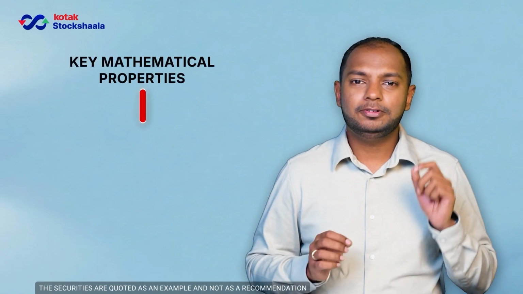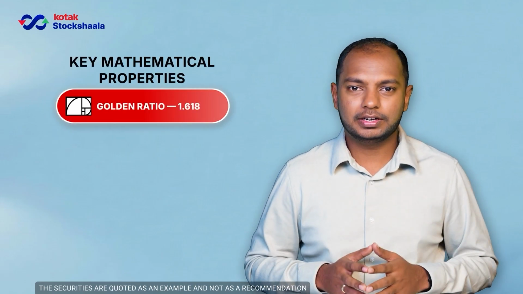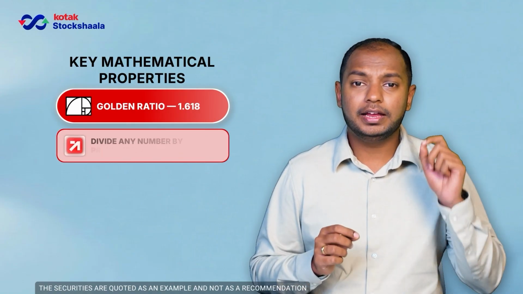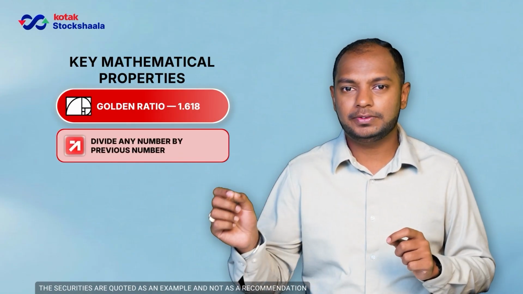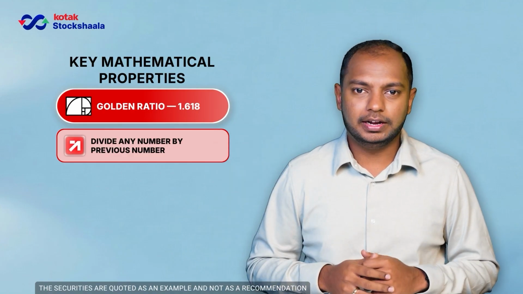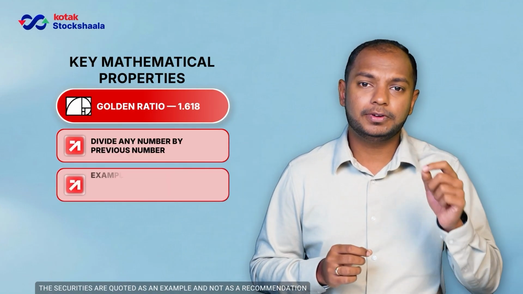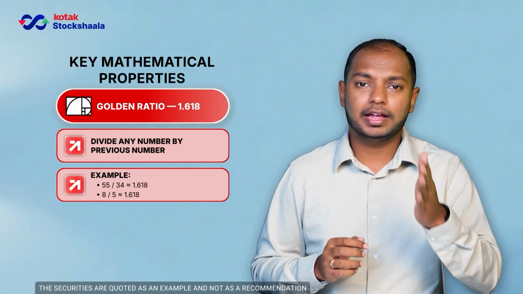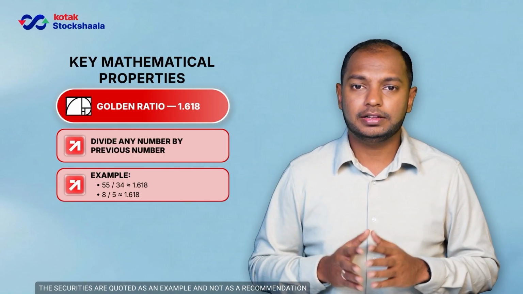Let's start with the first property, the golden ratio, which is equal to 1.618. If you divide any number in the sequence by its previous number, you're going to get 1.618. For example, if you divide 55 by 34, you get the same number. If you divide 8 by 5, you get the same number.